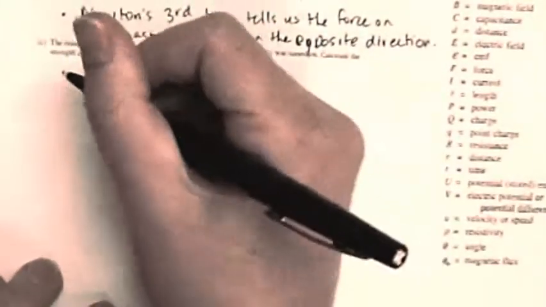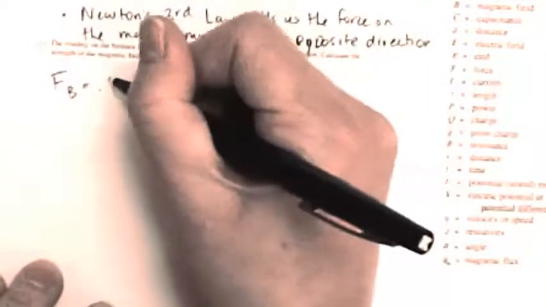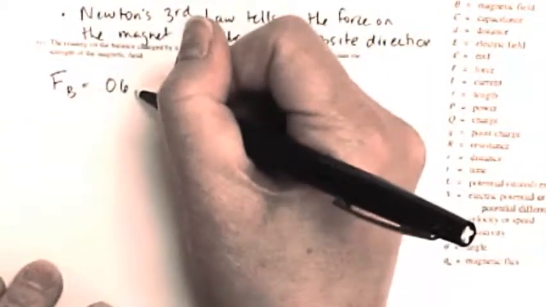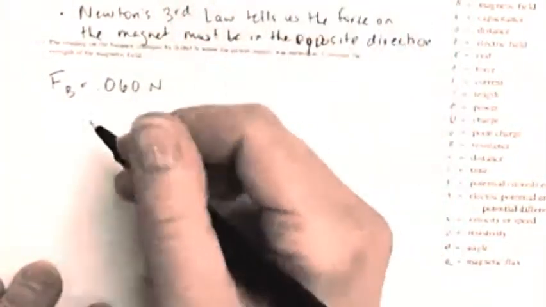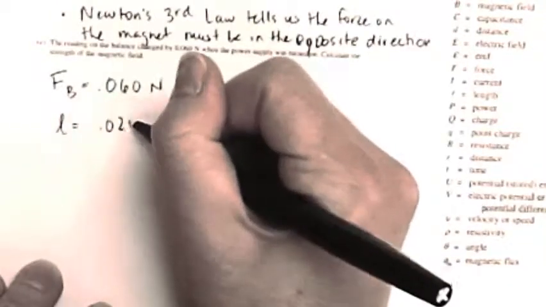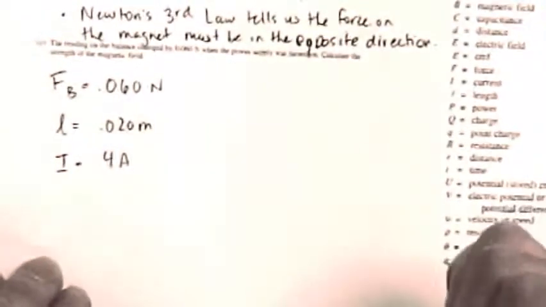What I've got here is a force due to a magnetic field, and that has a magnitude of 0.060 newtons. I know the length of the current carrying wire in the magnetic field is 0.020 meters. I know the current in the wire is 4 amps.